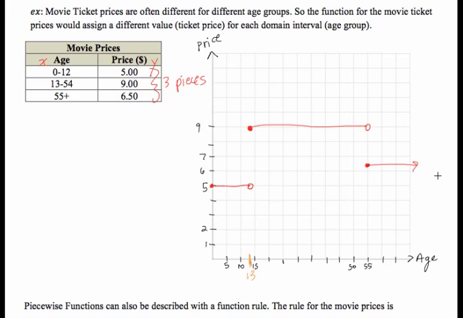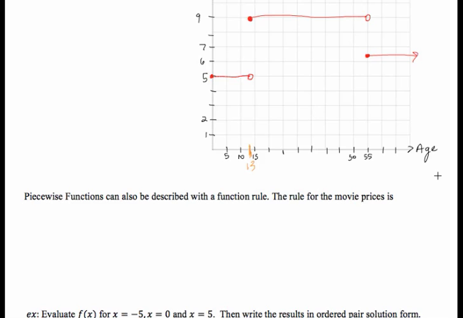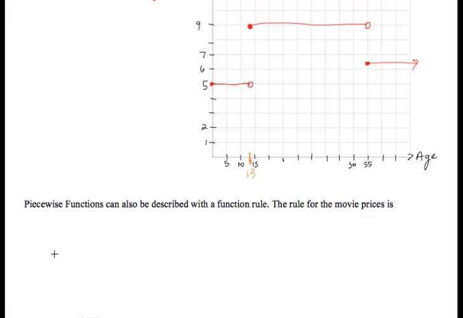Now what I'd like to do is write it in function notation so you can see how this works. In function notation, you would say f of x, or whatever the name of the function is, and then you put a big open curly brace, and that splits the domain up into 3 separate, well, however many separate parts. In this case, we're going to have 3 separate parts. So you'll need 3 lines here.